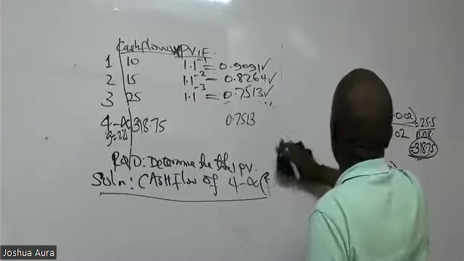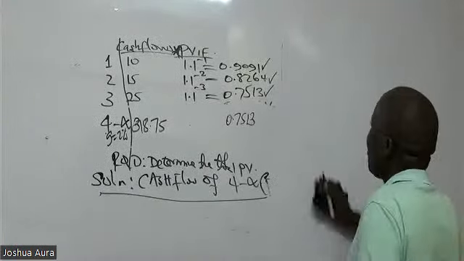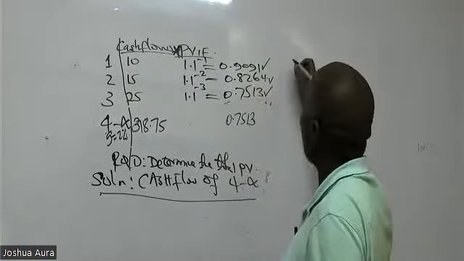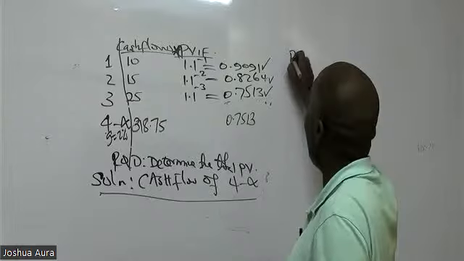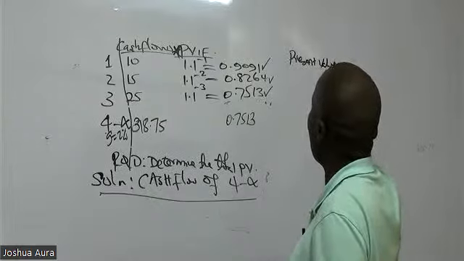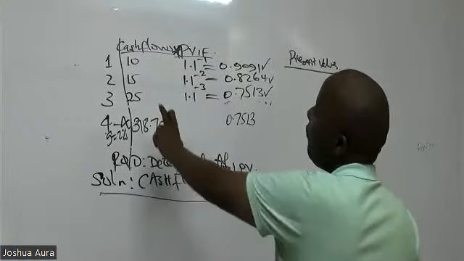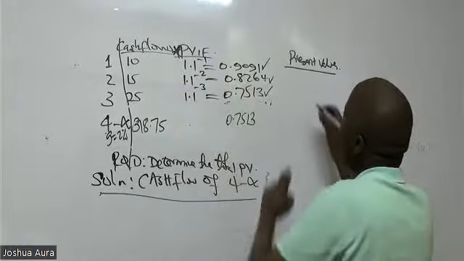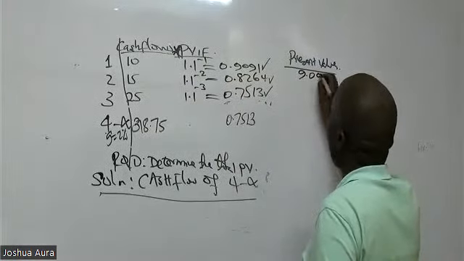column for present values, or discounted cash flows. So we have here present value. The first one will be this cash flow times the PVIF, which in this case gives us 9.091.